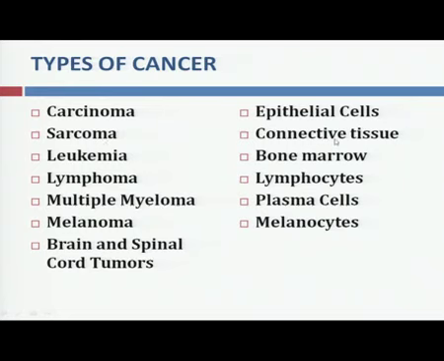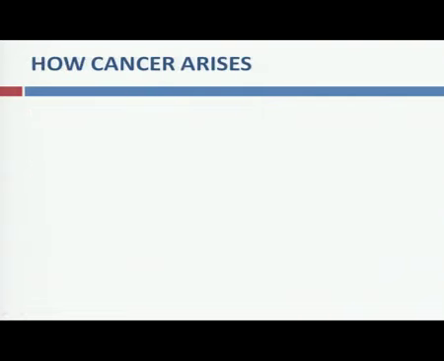Similarly, sarcomas are the cancers of connective tissue, leukemia of the bone marrow, lymphoma is the name given to cancer of lymphocytes, and so on and so forth. So, there can be various different cells which can cause cancer, and accordingly there is different nomenclature. But the question is how cancer arises.